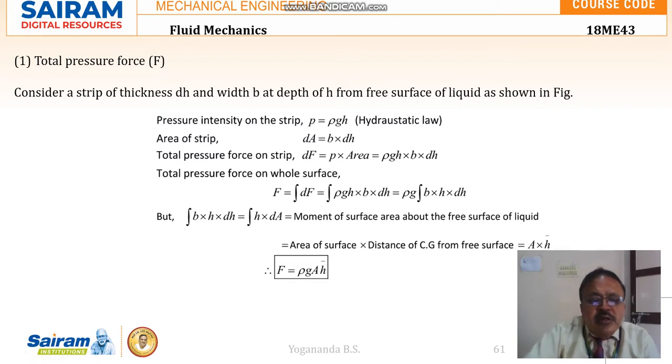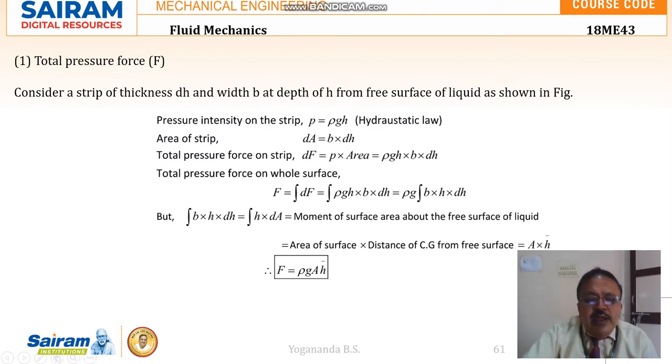B into dH. Now we know that the moment is nothing but the force multiplied by the distance. So here we have the integration of H into dA, which is the moment of the surface area about the free surface of the liquid.